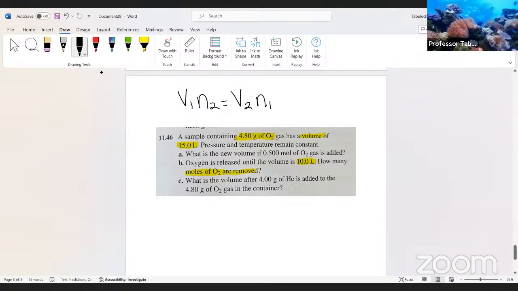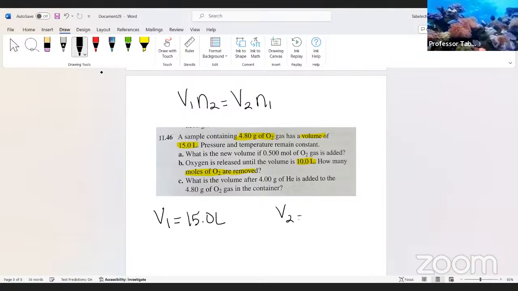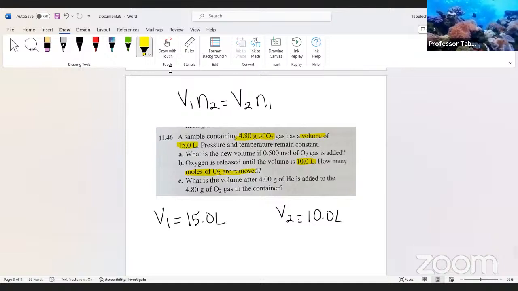Break it on down. What did they give us in this problem? V1 was 15.0 liters. V2 was 10.0 liters. So already we know that our volume has dropped. Since our volume has dropped, guess what we need to do next?